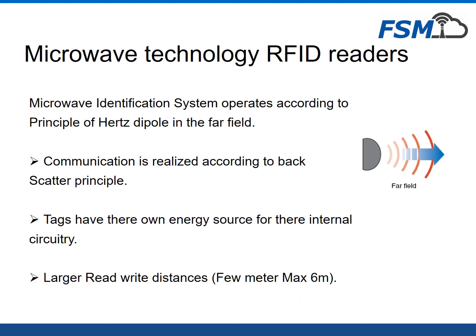If you come across a microwave system, it is actually able to travel longer distances. In most of the microwave systems, the tags have their own energy source, generally speaking, a passive or an active tag.